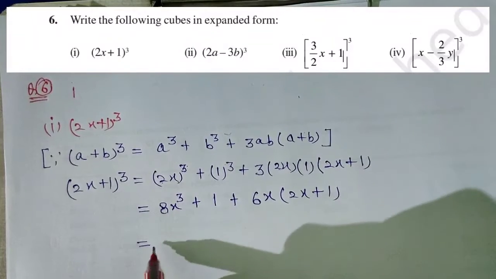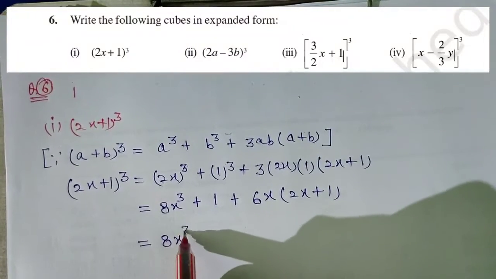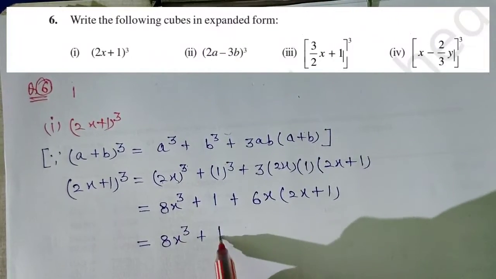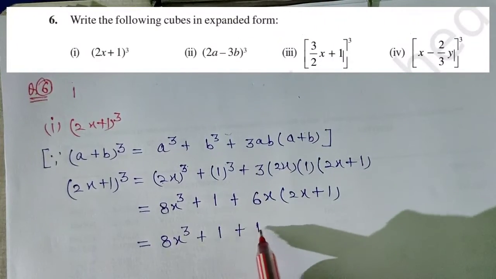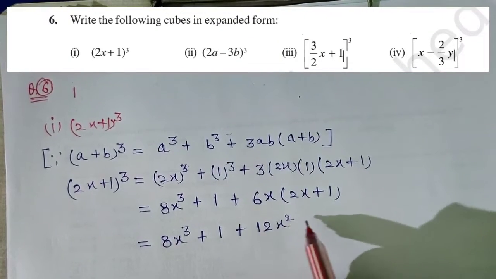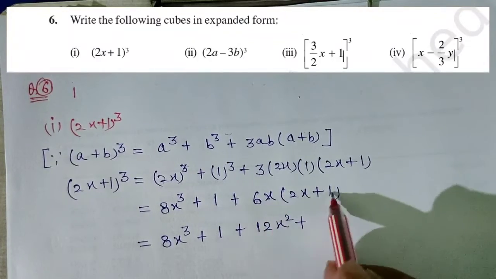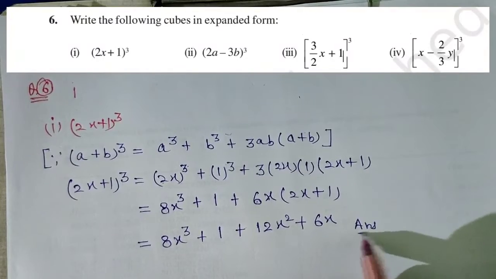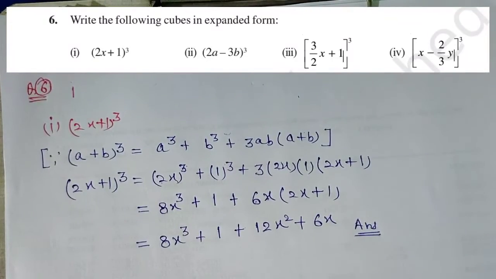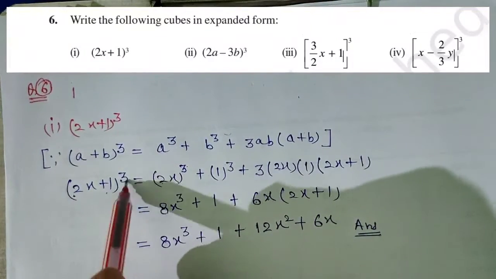Now we can write 8x cube once again plus 1 plus 6x into 2x will give you 12x square, and 6x into 1 is 6x only. So this is the expanded form of the 2x plus 1 whole cube.